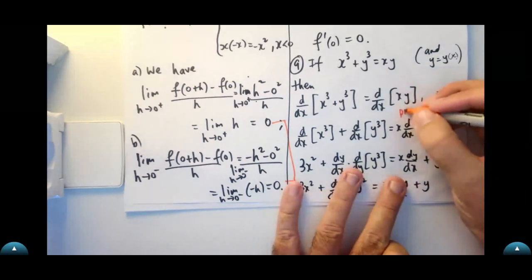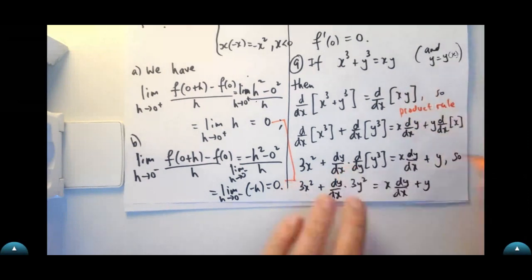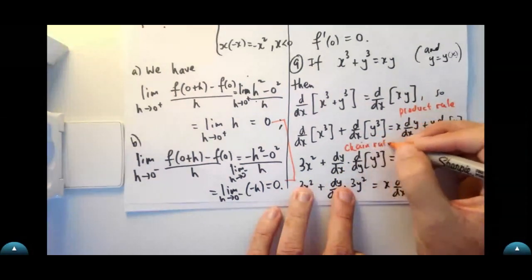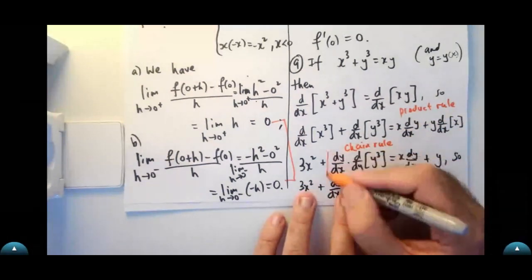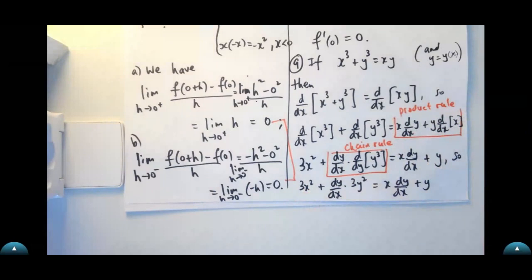So here I've used the product rule. And here I've used the chain rule. So there's the chain rule there, and there's the product rule there. Let's get the dy dx's to one side and everything else to the other side. And then we'll be finished.